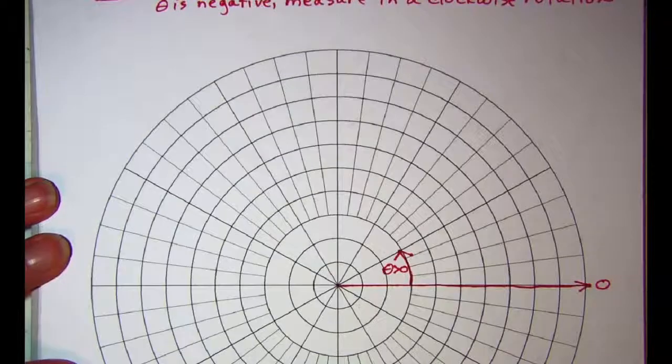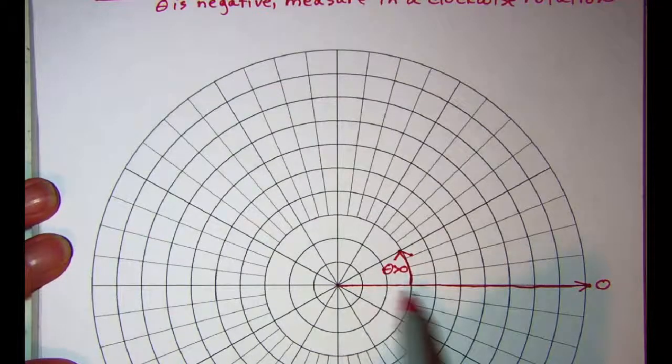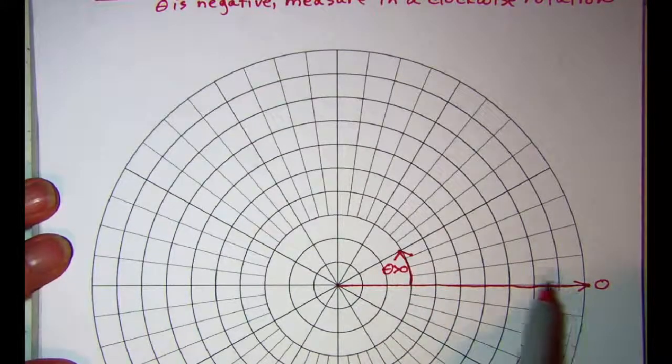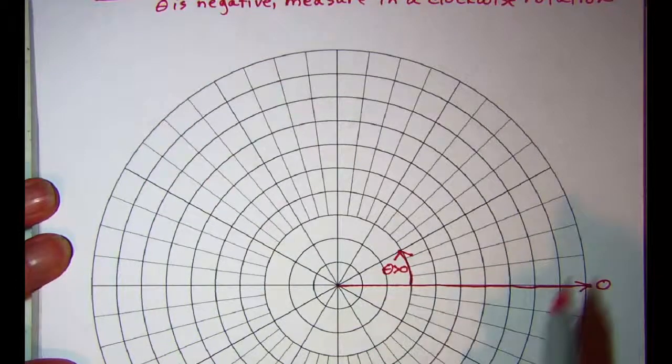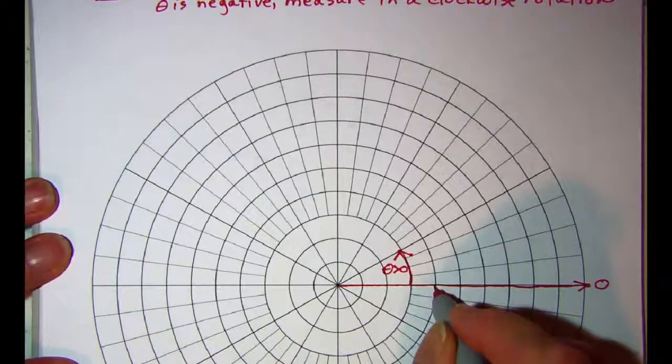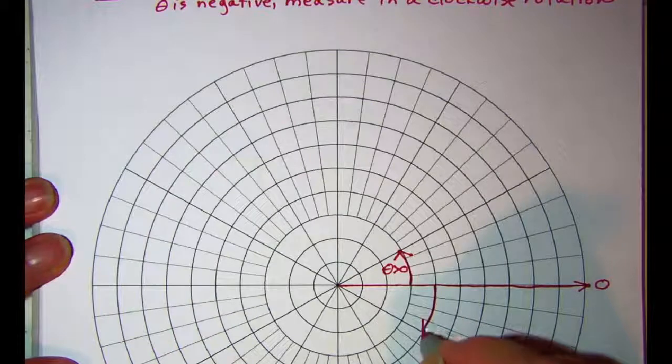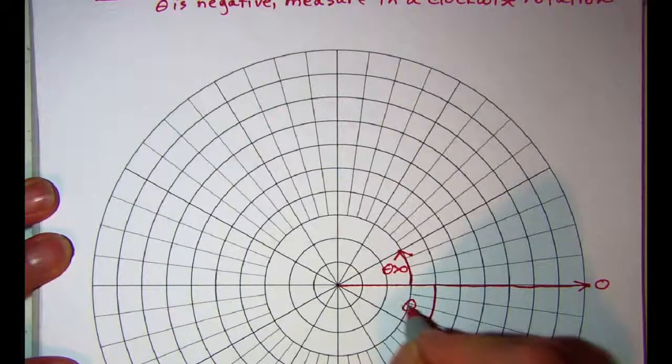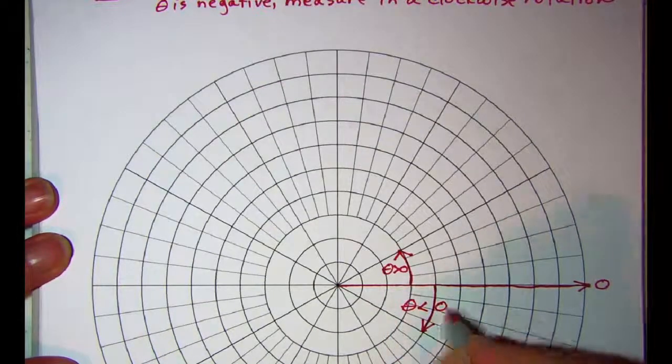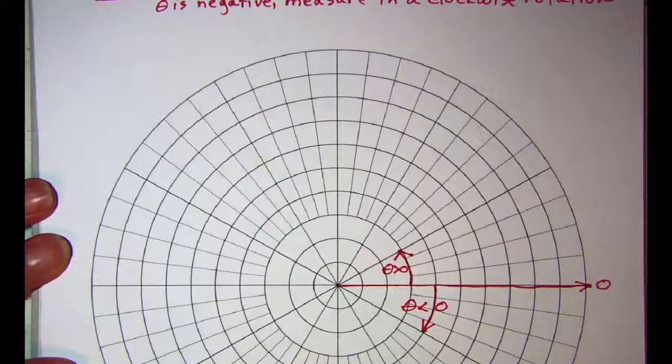So starting again at our positive x-axis right here, this vector that I've designated, if theta is negative, we'll be moving down or in a clockwise rotation. So this is for thetas that are negative or less than 0.